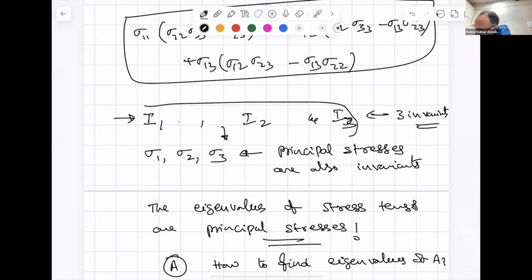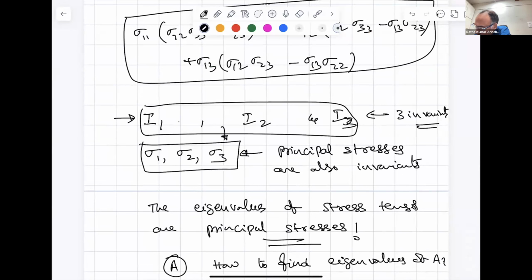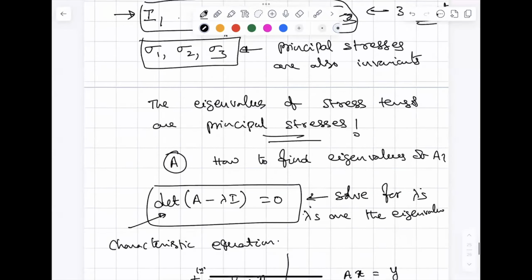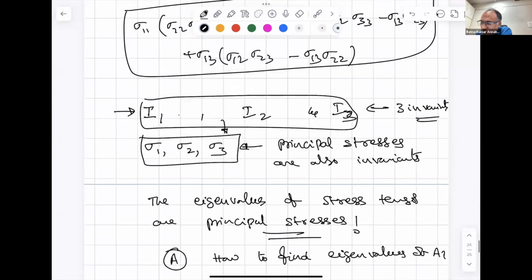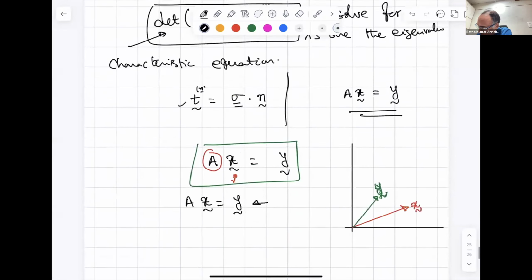Either these three or these three, because they don't change. So that is why I can say that sigma 1, sigma 2, sigma 3 are invariants, and then I can write I1, I2, I3 in terms of principal stresses. Okay, got it. So does that mean both are the same? They are not the same. We will see in a moment. Please wait for some time.